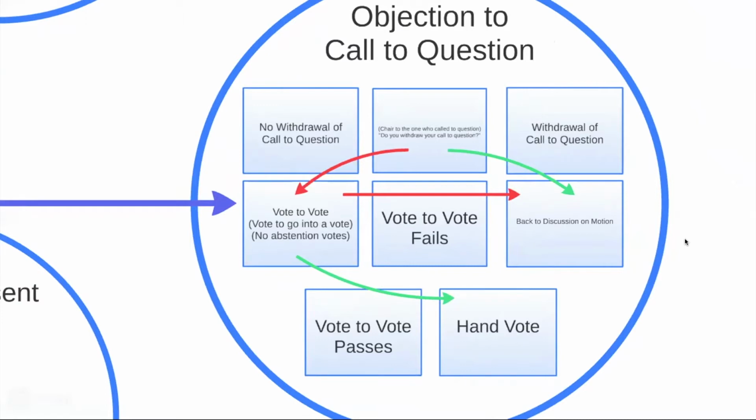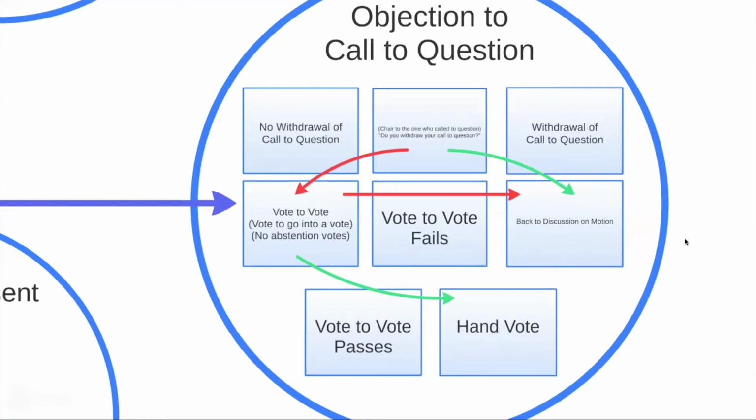What this objection means is that you are objecting to a vote being taken, because that's what the call to question is, right? It's asking the committee, the Senate, the group, to consider the motion and take a vote on it. An objection to call the question is saying, no, I don't want a vote to be taken. This can happen for a variety of reasons.